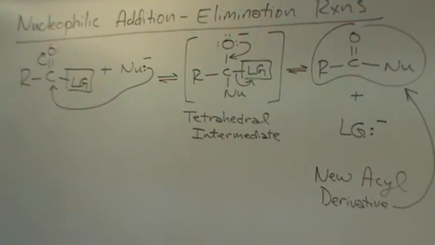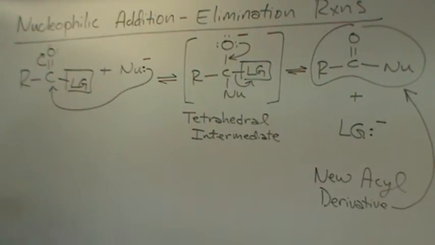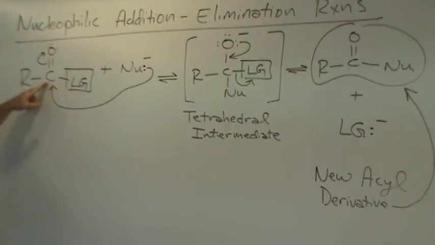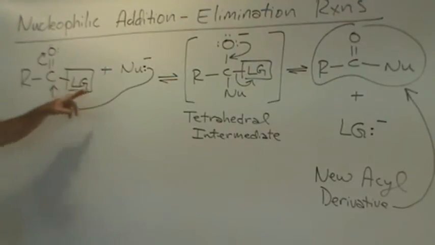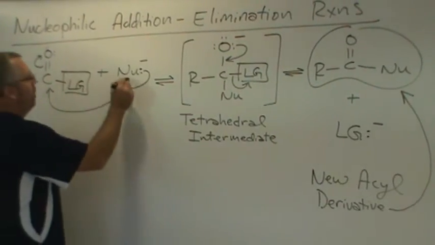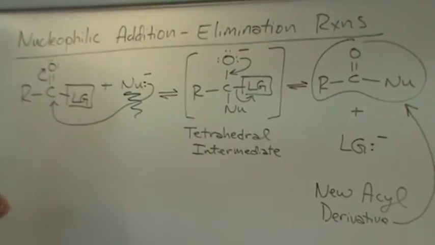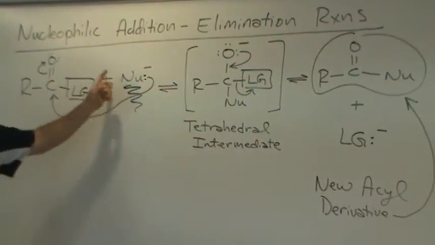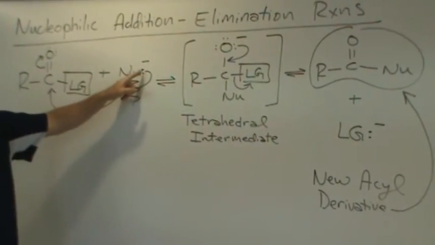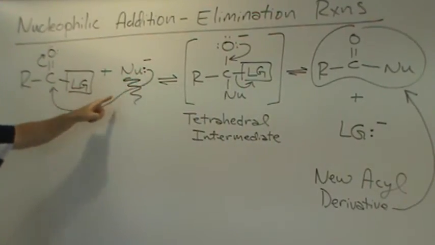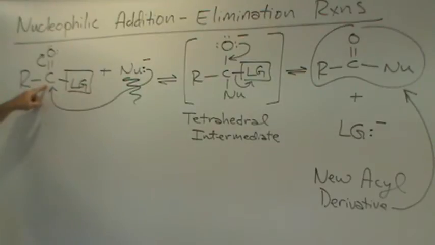What happens in a nucleophilic addition-elimination is that that carbonyl carbon, which we have long recognized as being electrophilic, will react with a nucleophile. And again, I'm being very generic about the nucleophile because there's going to be a number of different nucleophiles that we can use. But the nucleophile will come in, and this is the proper arrow formalism, starting with the electrons that are nucleophilic, bringing them into the electrophilic carbon atom.